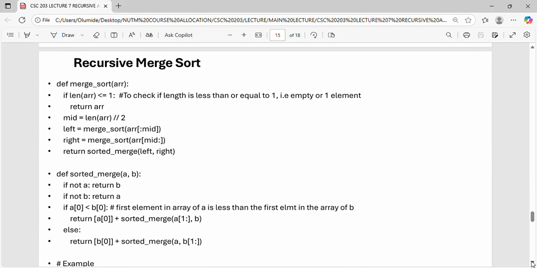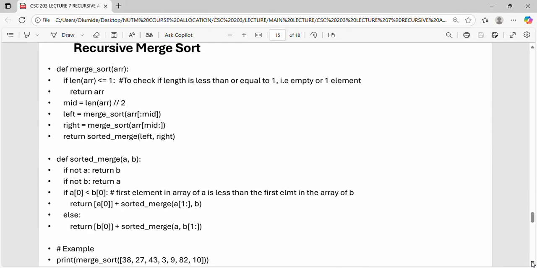Now let's look at the Python code for recursive merge sort. The first thing we do is define merge sort of arr, where arr signifies the array. Then the colon means we proceed to the next line.